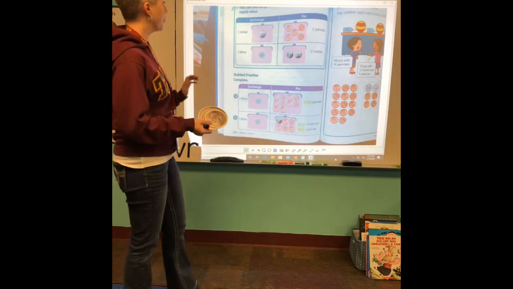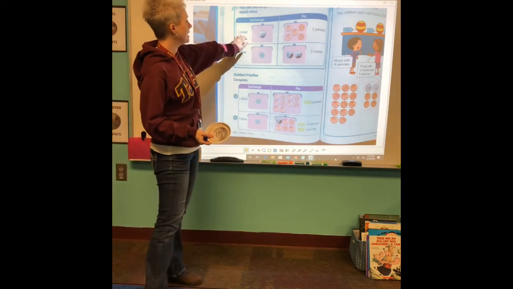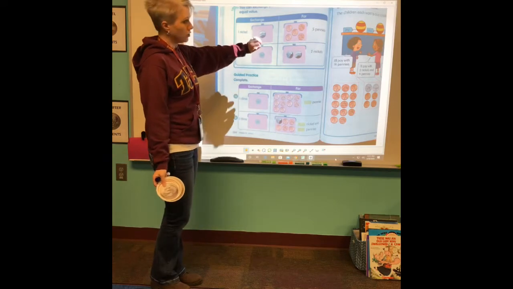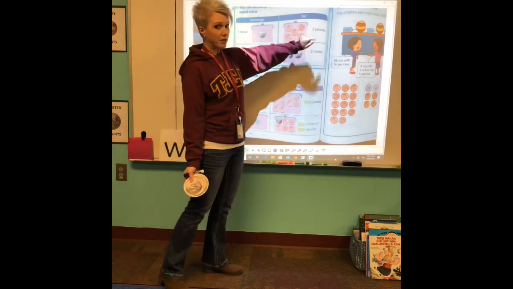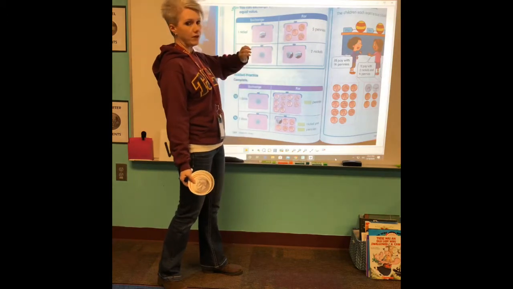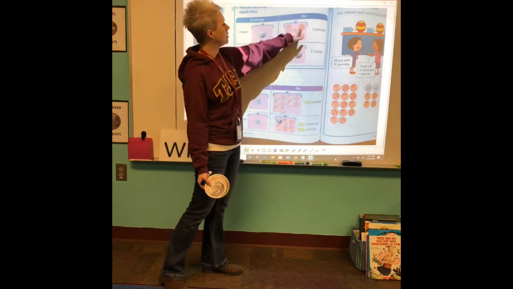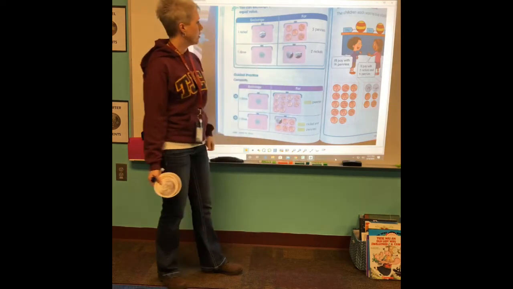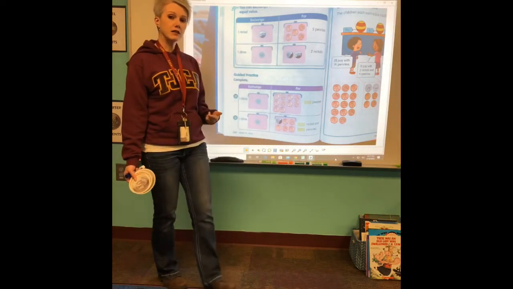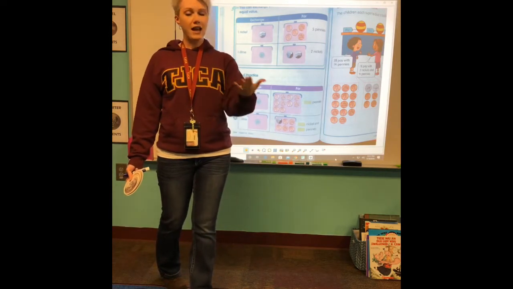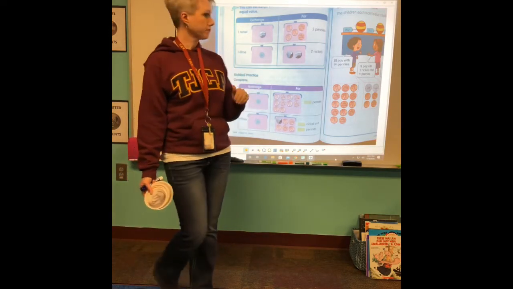For example, 1 nickel is 5 cents, which is equal to 5 pennies, which is also 5 cents. If I have 1 nickel, I have 5 cents. If I have 1, 2, 3, 4, 5 pennies, I have 5 cents. So if I had a nickel and I wanted pennies, I would say, hey, I'll give you this nickel if you'll give me 5 pennies back, and we still have the same amount of money.